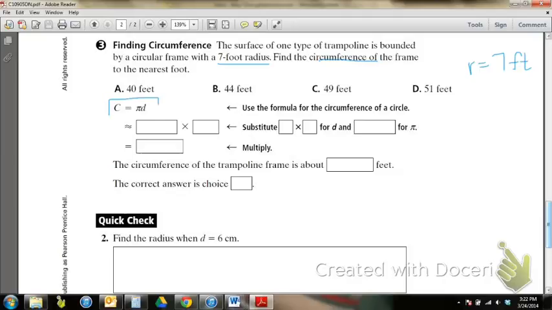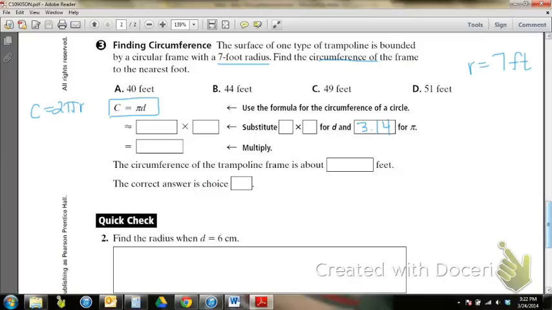Well, we have 2 formulas for circumference. C equals pi times diameter, and we could also use C equals 2 pi r. So in this example, they chose to use pi times diameter.